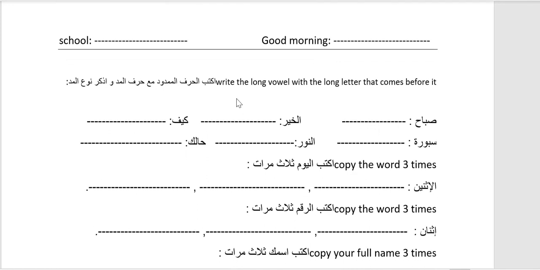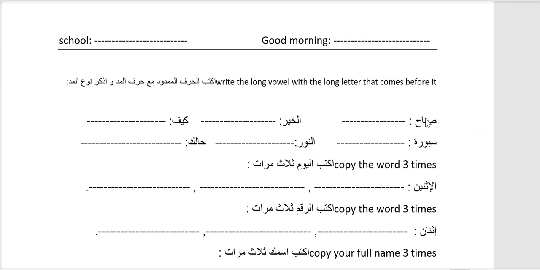Now the long vowels and the long letter. The long vowels are three: alif, waw, and ya. So we're going to locate them in the word. For example, here, where is the long vowel?